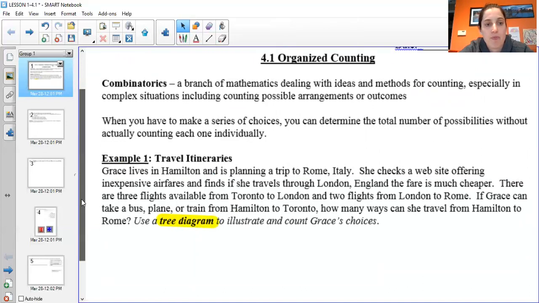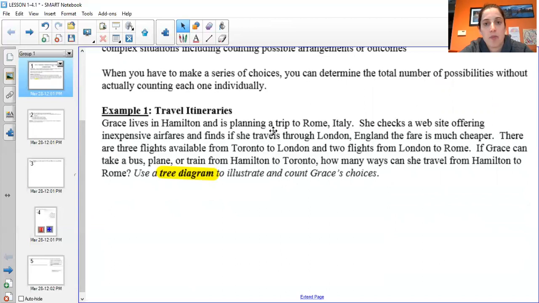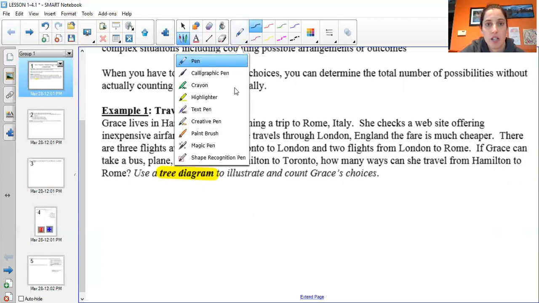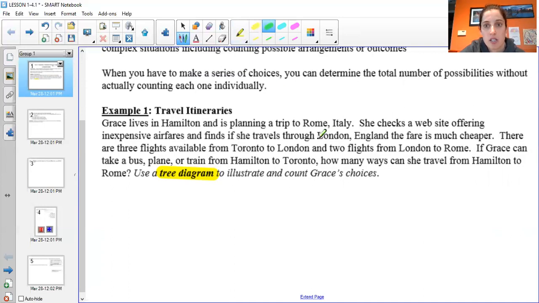So here I have Grace, who lives in Hamilton. She's planning a trip to Rome. She checks a website offering inexpensive airfare and finds that she can travel through London. There are 3 flights available from Toronto to London, which is the first leg of the trip, and 2 flights from London to Rome, which is the second leg.